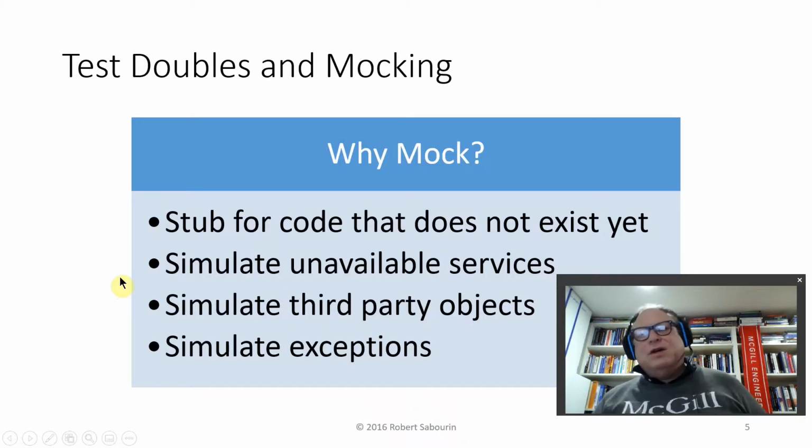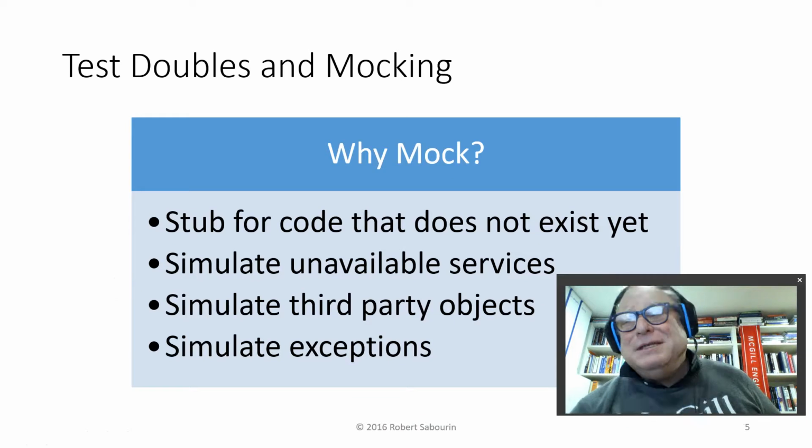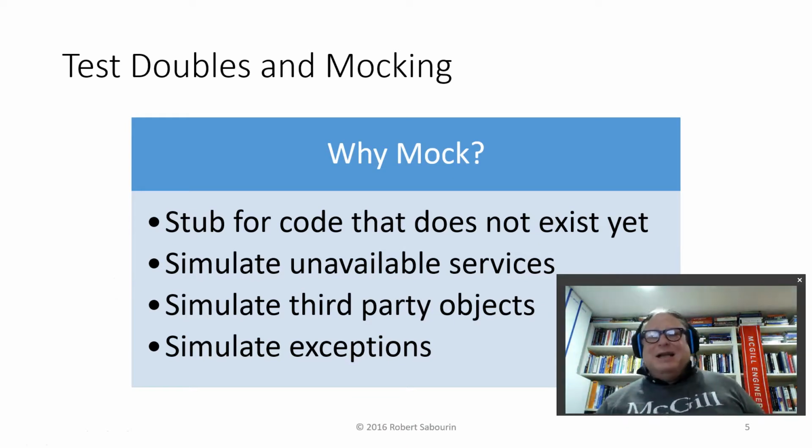Why mock? So a lot of reasons. One, stub code that doesn't exist yet. Hey, we're developing software. We're a team. It's not all ready. So if I have some code that I know is being developed, but it's not ready yet, I can create a mock version of it, a fake version. It doesn't really do the processing, but it returns what might be reasonable results.